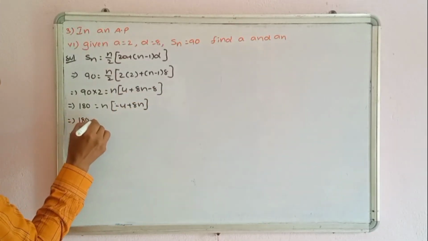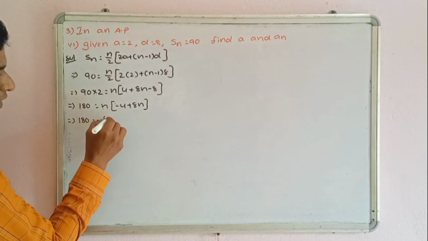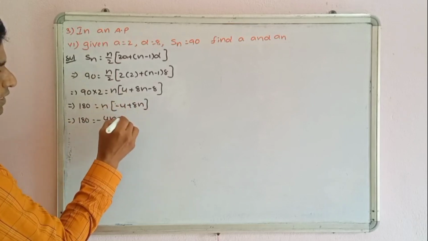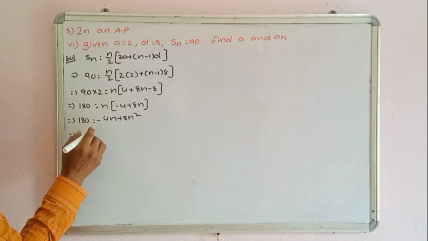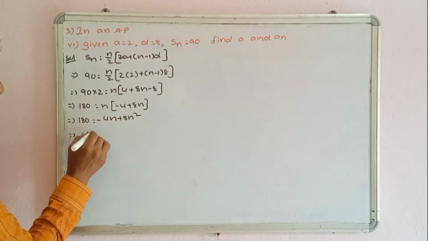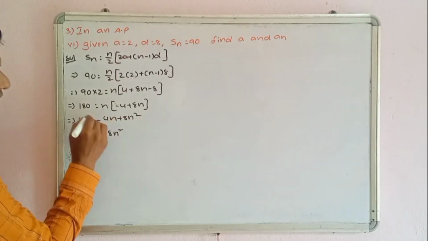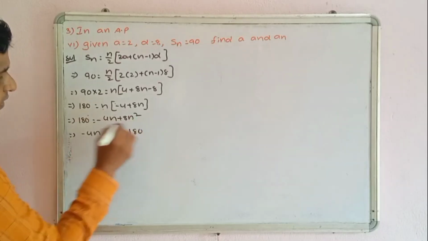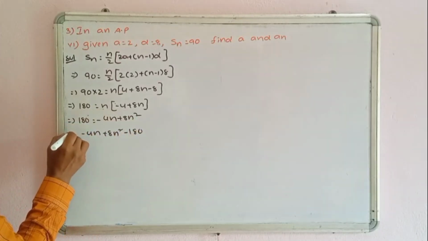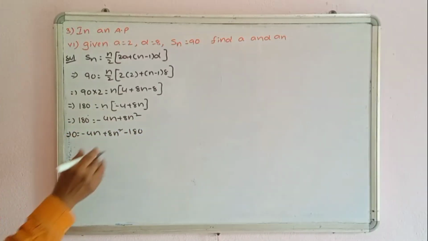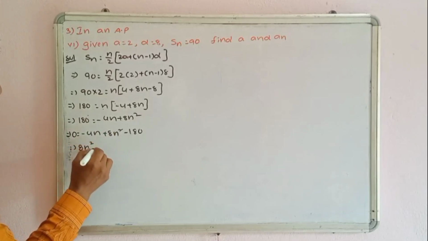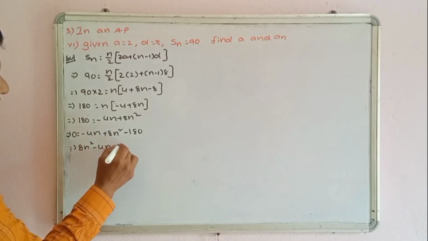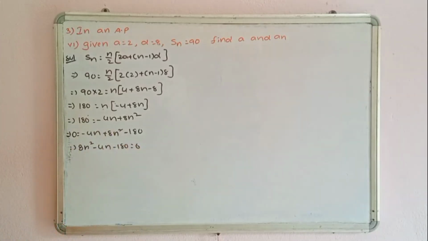So 180 equals to n times of minus 4 is minus 4n, n times of 8n is 8n square. So here minus 4n plus 8n square. 180 transpose, fraction, minus 180. Here nothing is there, so equals to 0. So write in the proper order. 8n square minus 4n minus 180 equals to 0. So here 4 is the common.